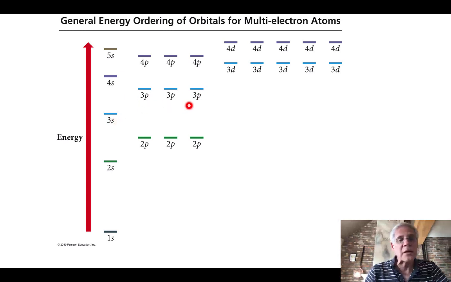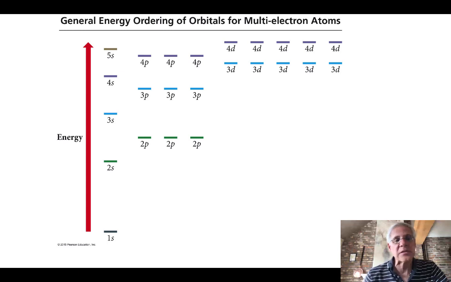Then if we look at what's the next lowest, we see that we've got a 4s here, even though the n equals 3 level has 3d orbitals. Well, 3 is less than 4, so why does the 4s fill in before the 3ds?